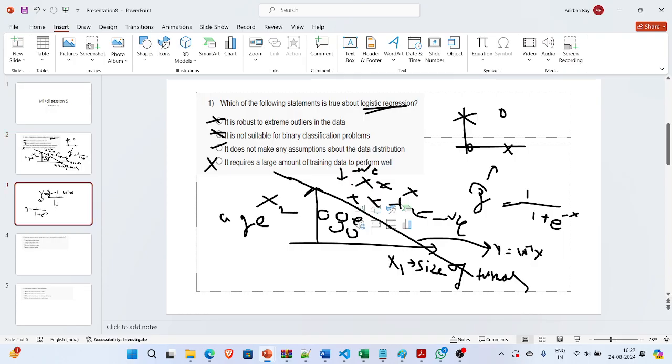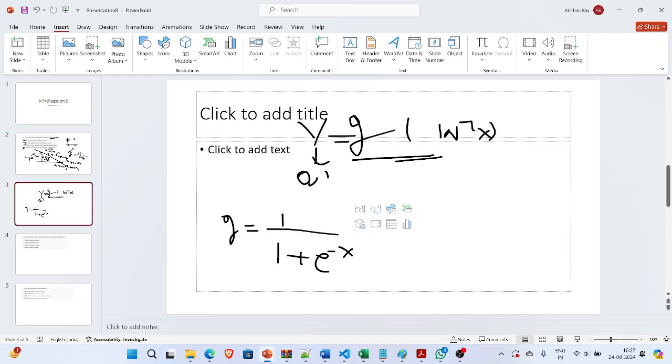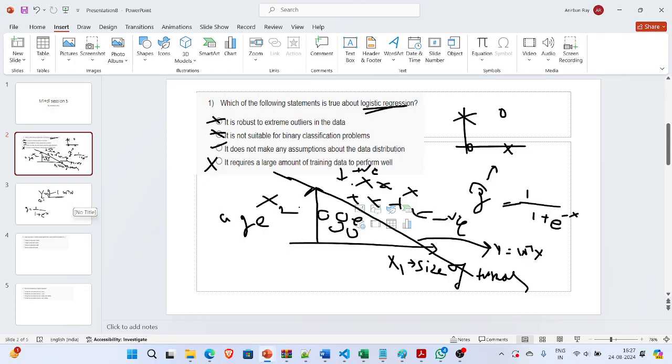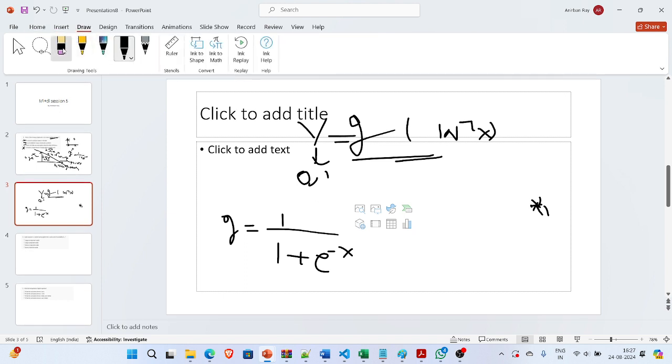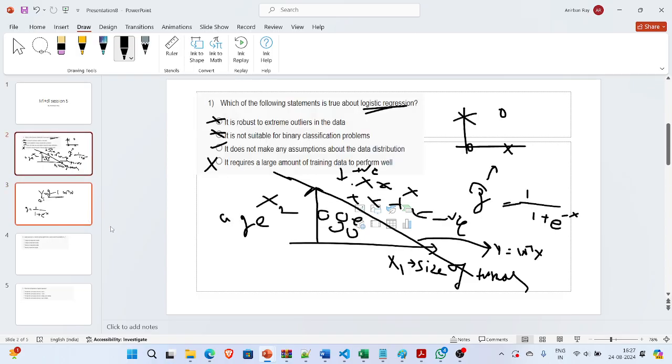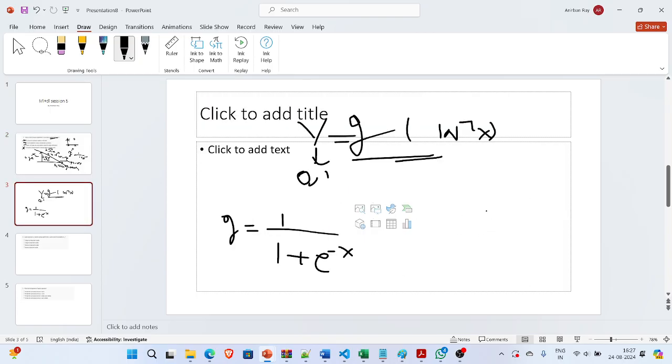For some x1 value, or a new data point to test, we have two parameters here, x1 and x2. So this is a new data point, say 0 here. 0 represents the new data point.